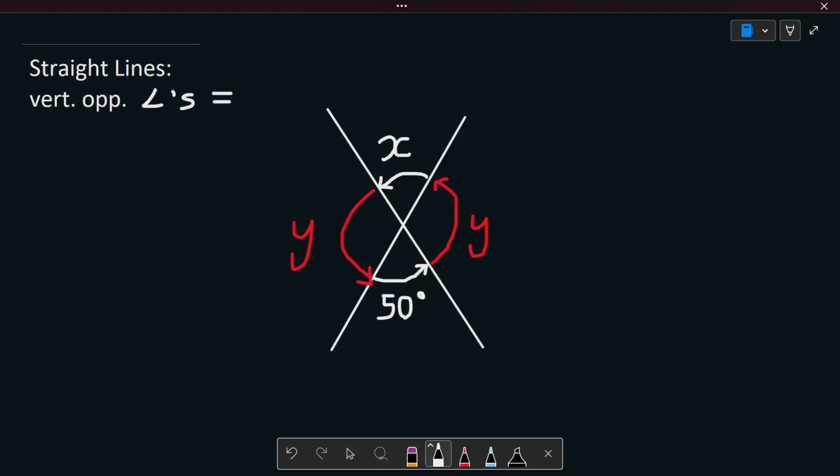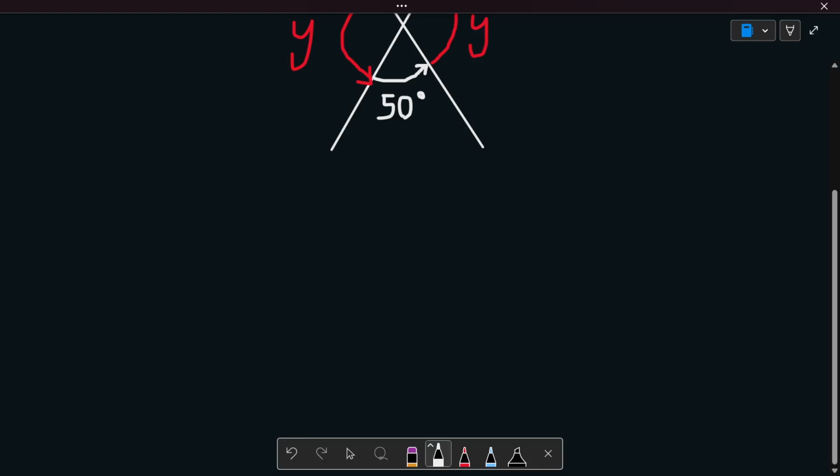So as we know from vertically opposite angles being equal, we can clearly conclude over here that this angle x is going to be the same as the 50 degrees because of vertically opposite angles, which are equal. So how are we going to write this down? We're going to say that x is equal to 50 degrees.